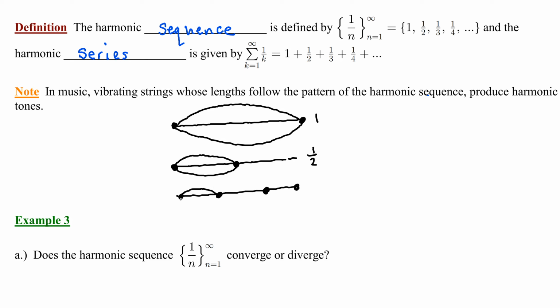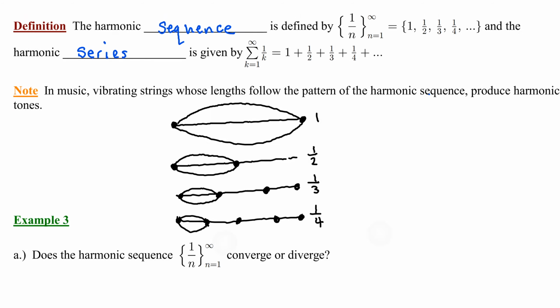If again I pluck the string, it's going to vibrate above and below, and it's going to produce a different tone. And we could continue this division. That would divide it into 4 sections. Each time we pluck the string and cause that vibration, it produces a different tone. So these vibrating strings, whose lengths follow the pattern of the harmonic sequence, produce what's called harmonic tones.